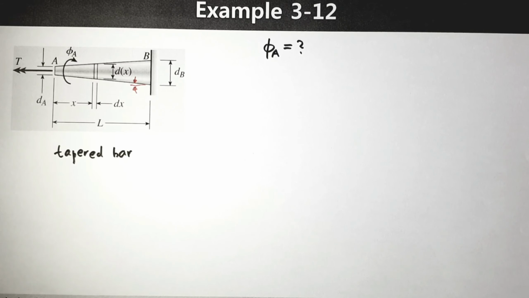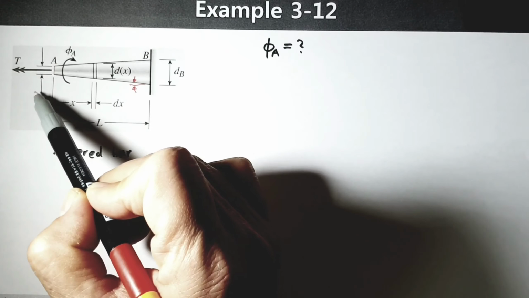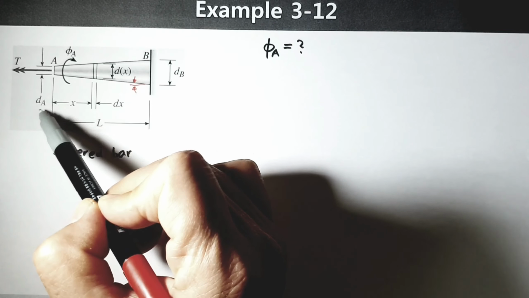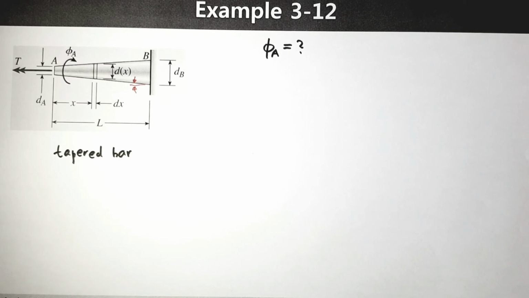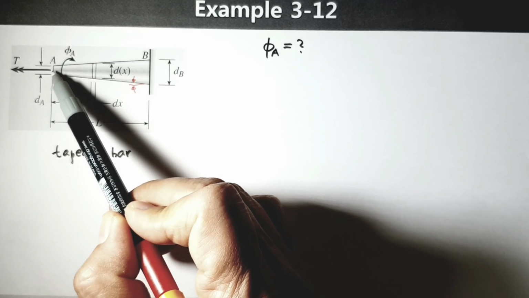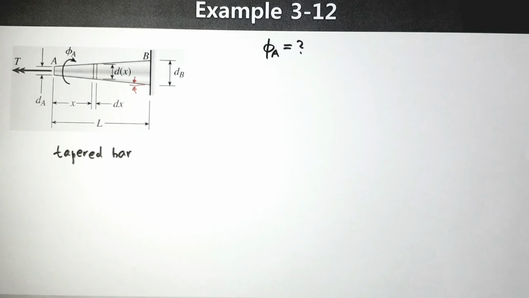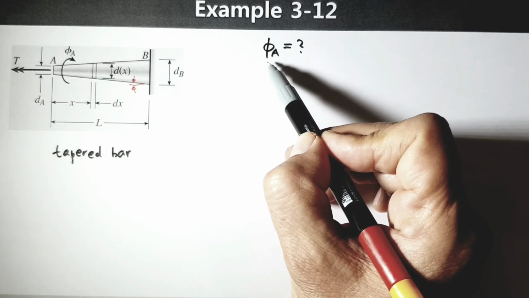The dimension L is given like this, and the diameter on the left side is dA, on the right side dB. When we apply this torque, eventually on the left side some change of angle can happen, and we would like to know the change of angle in this case.